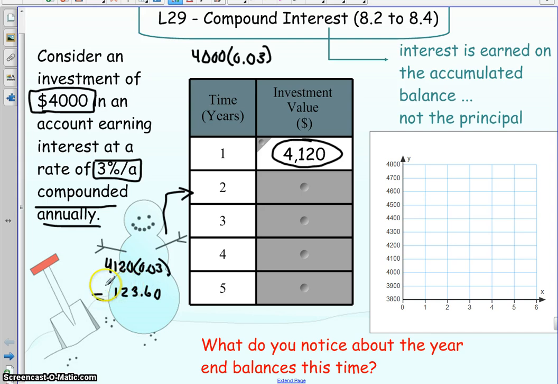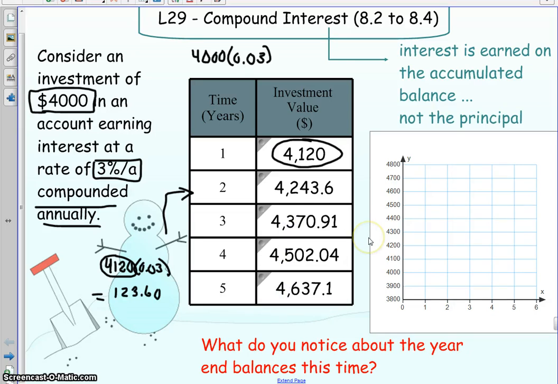Now that's added on to the $4,120, so we have a total investment value of $4,243.60. And you continue on doing that. For 3 years, it's going to be this value times 3% added to this value right here. And you can continue filling out the table.